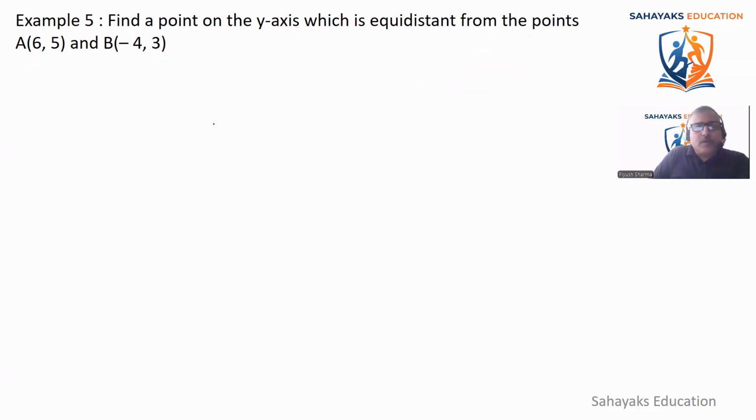Okay, so we have to find. So let's say this is point A, this is point B, and this is the point which is equidistant from those. I'll just say it is on y-axis, 0 comma y. I'll put this point as C. This is the point C which is equidistant and it lies on y-axis.